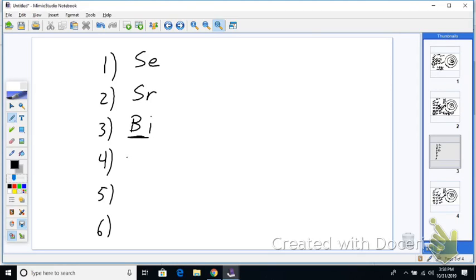We're going to do zirconium, silicon, and one more. Let's do bromine. So do the electron configuration and orbital notation. Orbitals are with the lines, and then electron configuration.